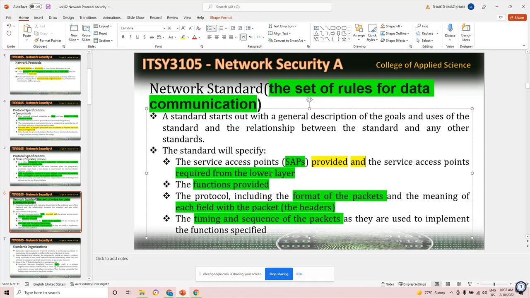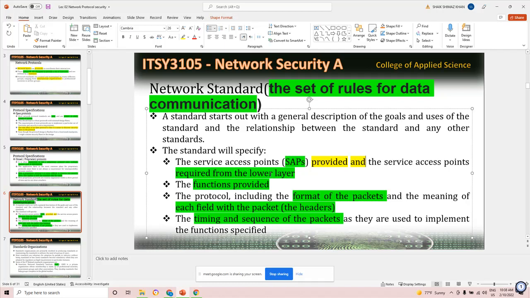Next one is the protocol including the format of the packet. Please understand, the data has to be encapsulated by some headers when it comes to each layer. Example, TCP header, IP header, frame header. Each header has specific fields within it.